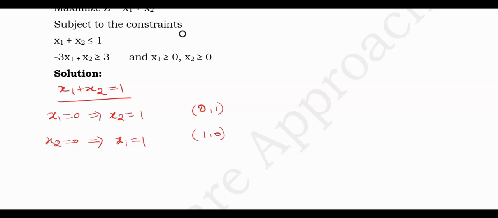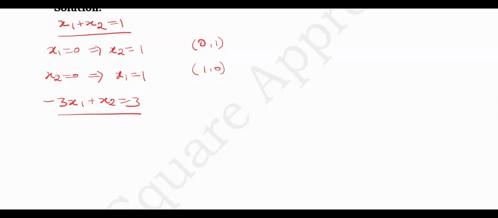Now I'll take the second constraint, and then we have minus 3x1 plus x2 is equal to 3. If we give x1 is equal to 0 in this equation, then we'll have x2 is equal to 3.